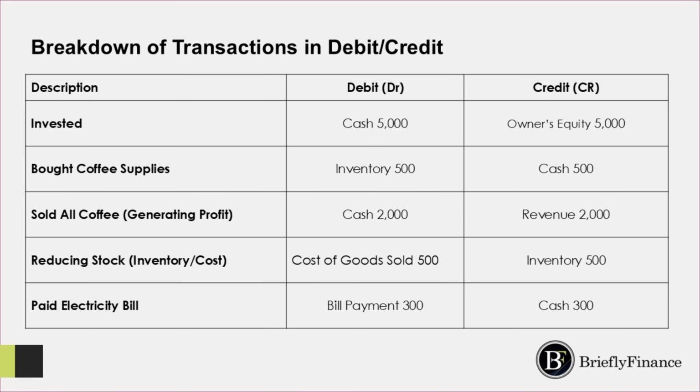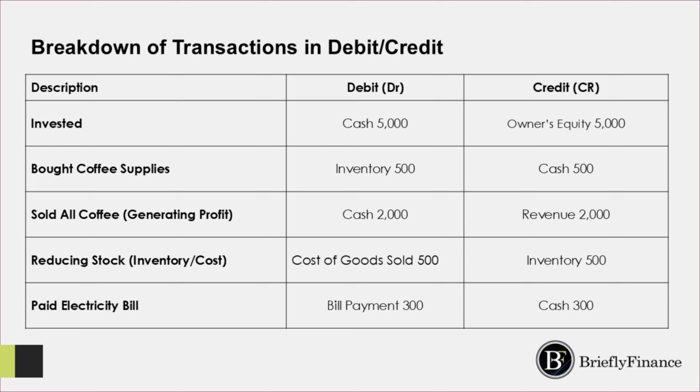Now let us break down these transactions in a bit theoretical way. Debit and credit. These two terms, if you are studying accounting, I'm sure you heard of them. It's just the way they give names for the transactions as a reference, and once you memorize them, you will realize that it is just a protocol that they've been doing.